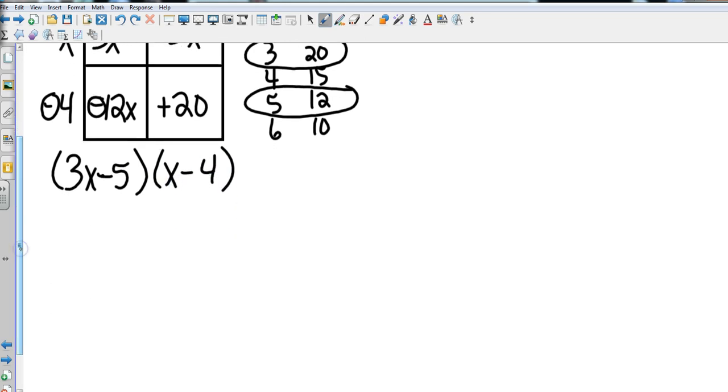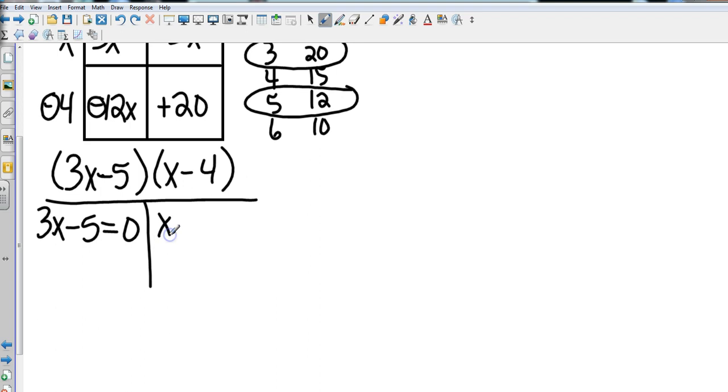To solve those, I'm going to tee them up and set them both equal to 0. I like this one because it looks like we're going to end up with a fraction here, and I get a lot of questions sometimes, well, can it be fractions? Of course it can be fractions. It can be whole numbers. It can be 0. In this case, we're going to add 5 to both sides. That gives me 3x equals 5.